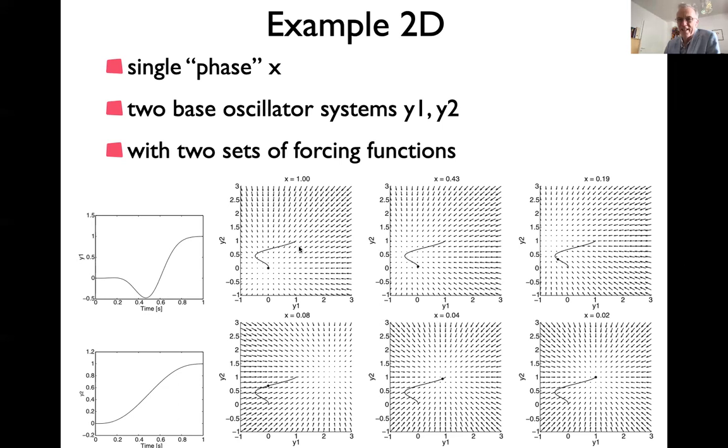And now you see how they relate to this frog vector field, because if you look at the resultant dynamics, the little vectors are y1 dot as a first component, y2 dot. So this is the vector field of the dynamics of y. Now these two base oscillators for the two dimensions are driven by the same underlying timer, phase variable x.